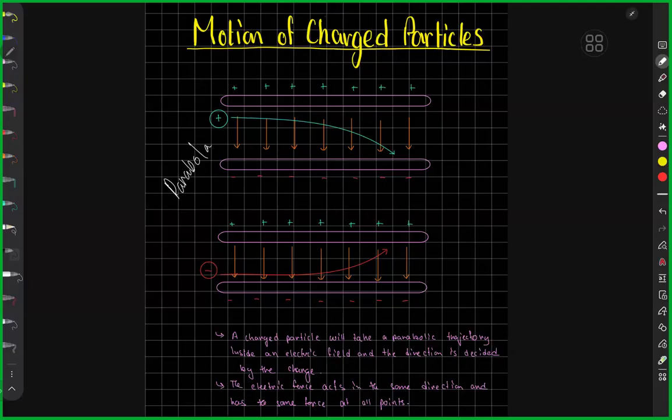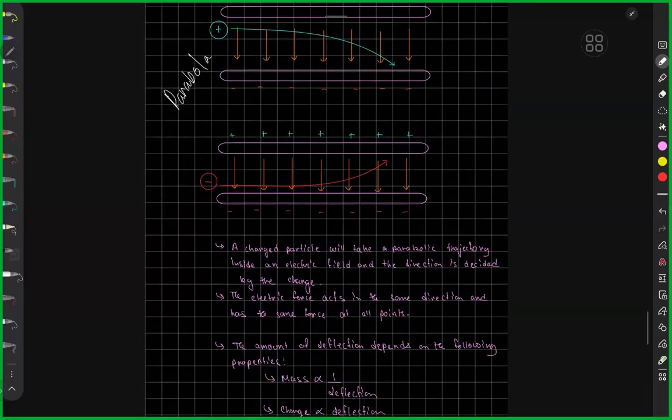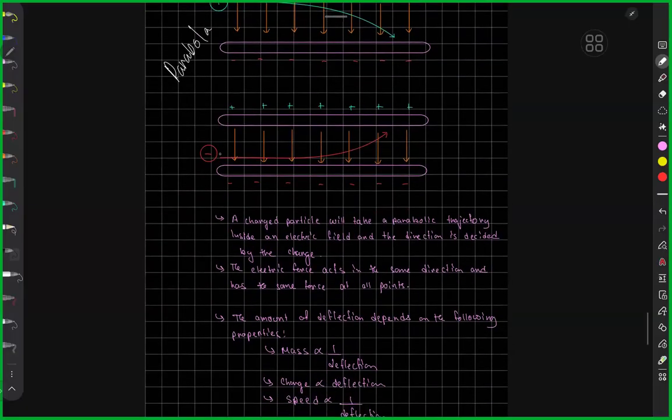So as it moves through this space, it bends towards the negative side. And what happens when I launch a negative one? It gets repelled by the negative side, attracted by the positive side, so it bends upwards. Same logic.